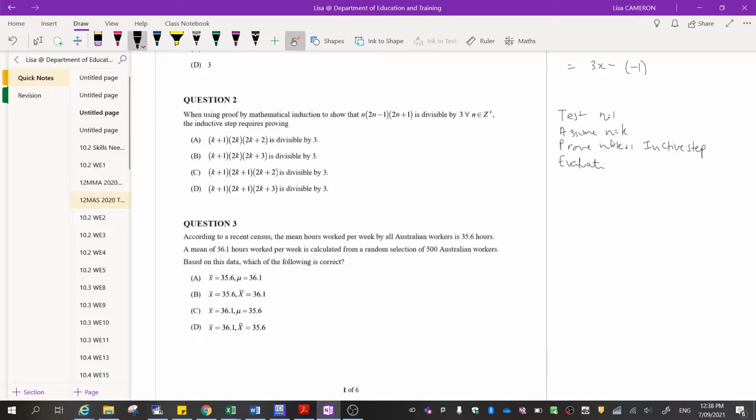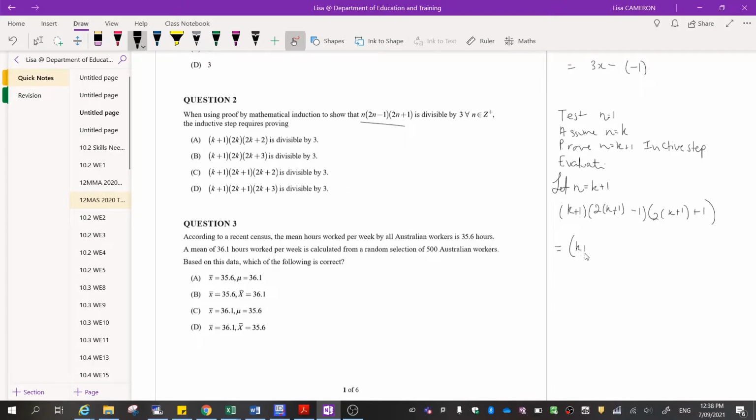Okay, so all I have to do is let n equal k plus 1 in this expression here. So k plus 1, 2 bracket k plus 1 bracket minus 1, 2 bracket k plus 1 plus 1 close bracket.